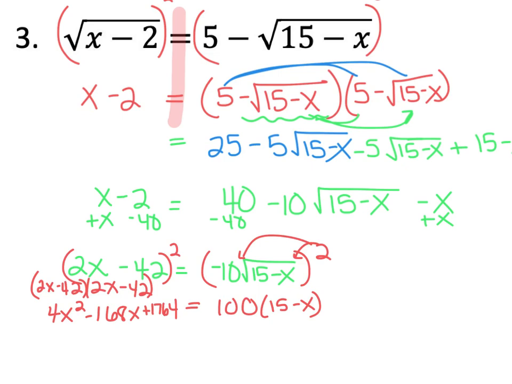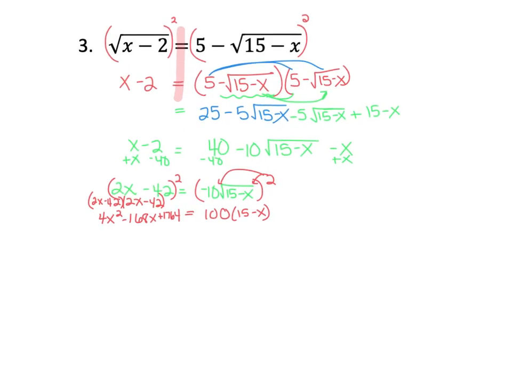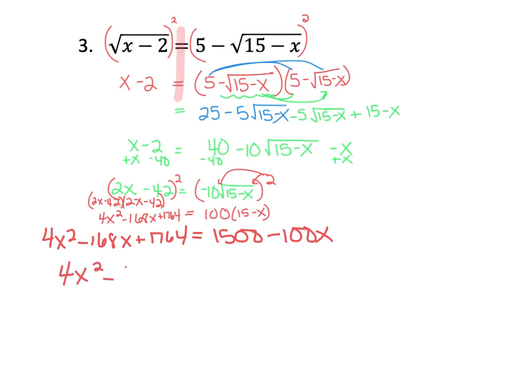I'm going to distribute on the right. Let me just give myself some more space. It would be 1,500 minus 100x. On the left, just recopying this. And I'm going to combine all my like terms. So I would have 4x squared. I'm going to add 100x to both sides, gives me minus 68x.